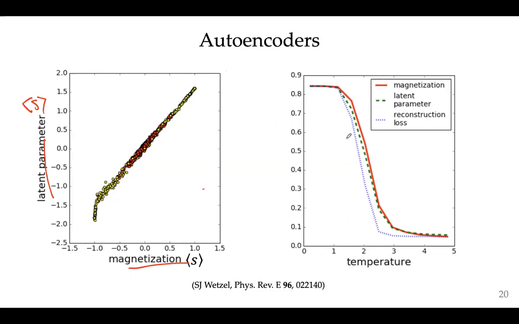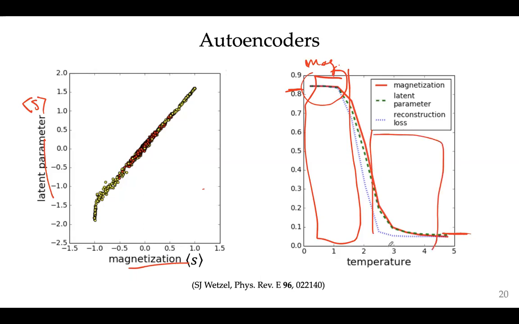And if you plot this magnetization and the latent parameter with respect to temperature, they're actually on top of each other. And you can even distinguish the two phases. In the magnetic phase here, you can see that the magnetization is almost 1. Here, the magnetization is almost 0. So this is the magnetic part, and this part is the non-magnetic.